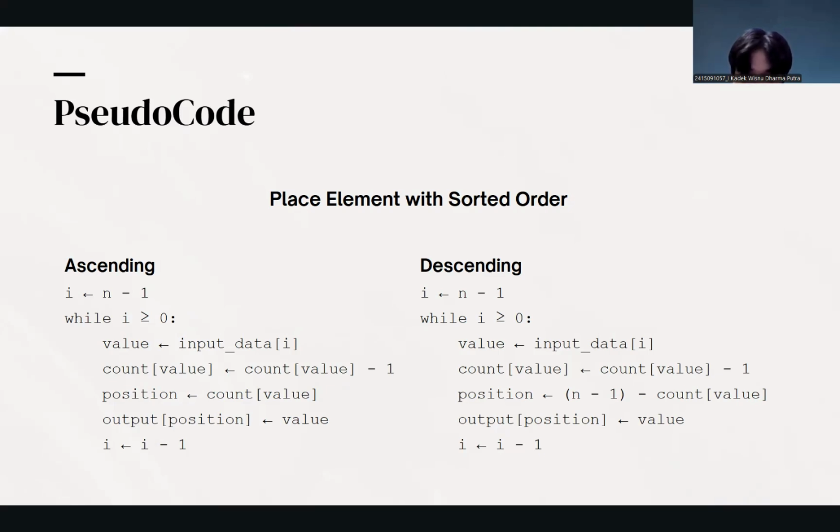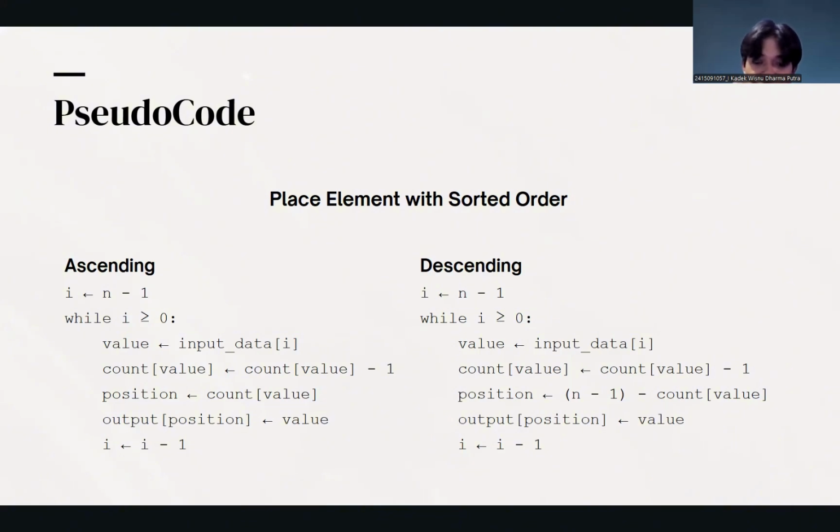The descending order is the same as the ascending order. So you need to create the iteration. In this case we use n minus 1 and use a while loop when the condition is I more than or the same as 0.